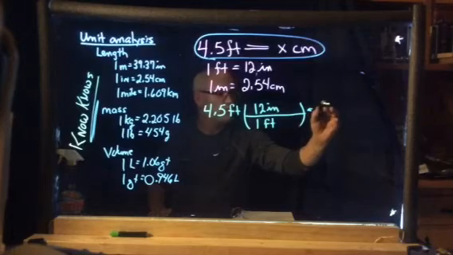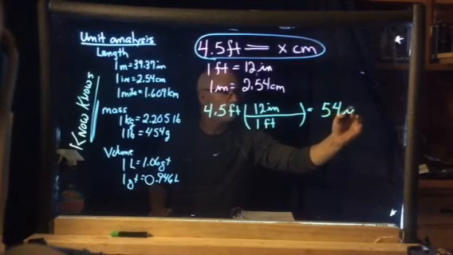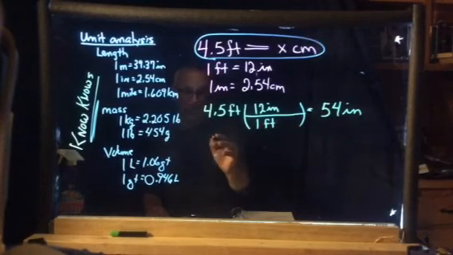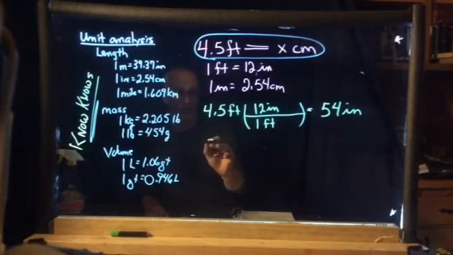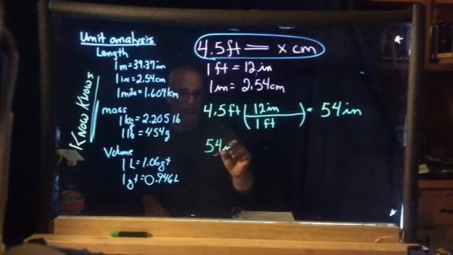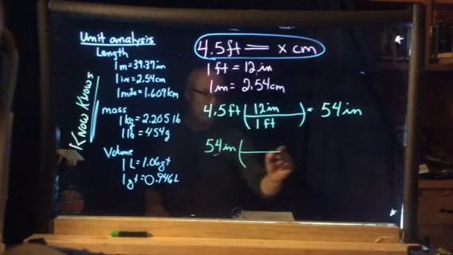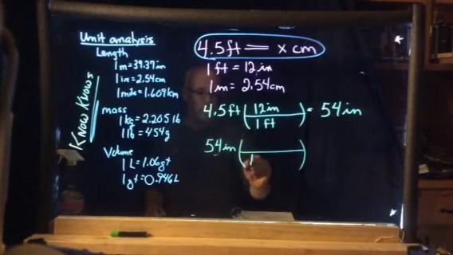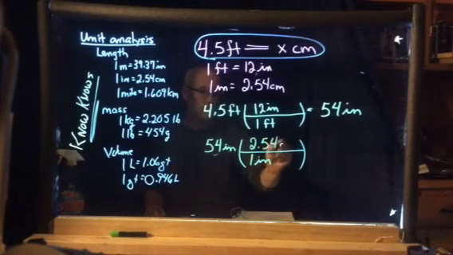So we have 54 inches. So we're not in centimeters yet, so we got 54 inches. And then for every 1 inch, there's 2.54 centimeters.